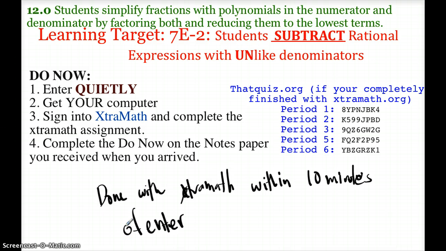You were wasting too much time on Extra Math. It's a 5 minute assignment maximum. That's it. If you're spending 10 minutes, you're too slow. Okay, we don't have time for this.